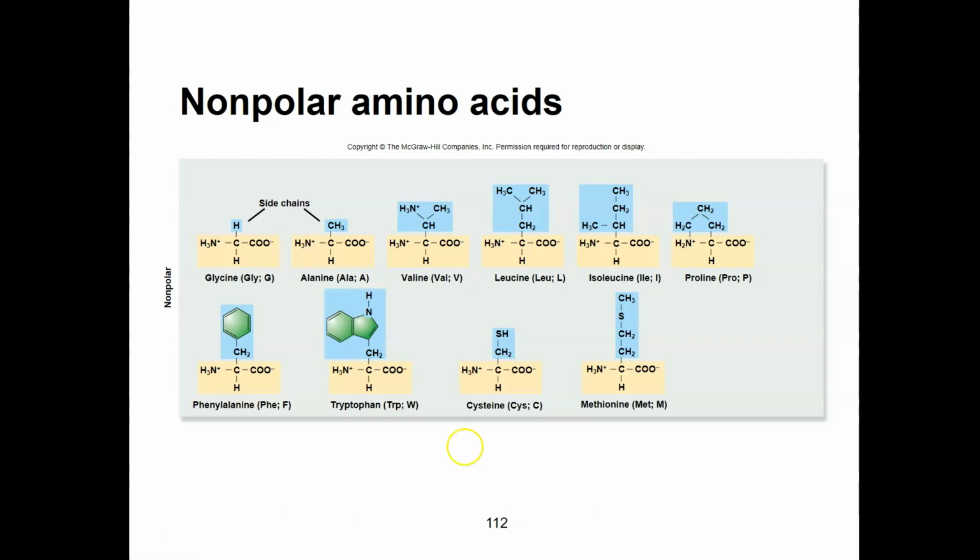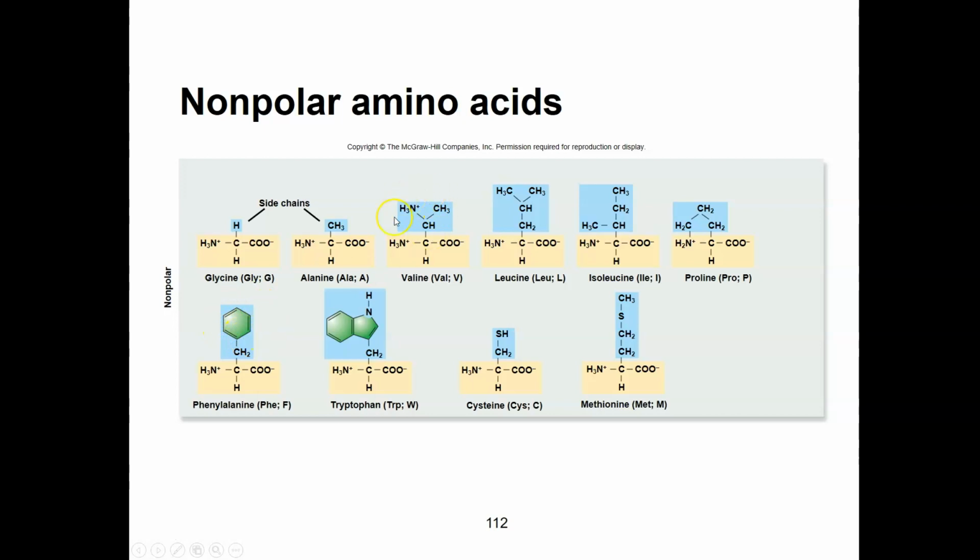All right, so now let's go ahead and look at some of the specific amino acids. These are our non-polar amino acids. So again, you should think back to that electronegativity table. In order for something to be polar, you're going to have a high difference in electronegativity between the atoms that you're looking at. What you'll notice here is that we're predominantly looking at carbons and hydrogens.